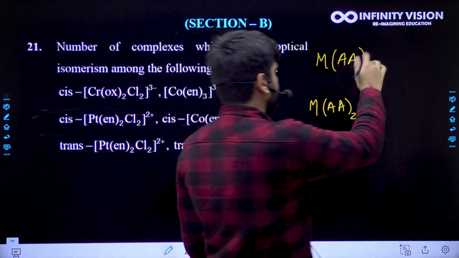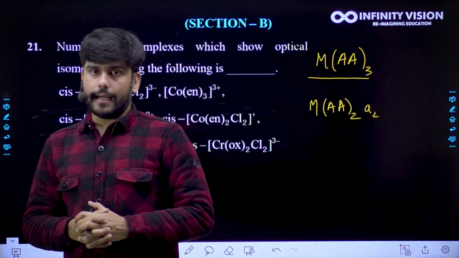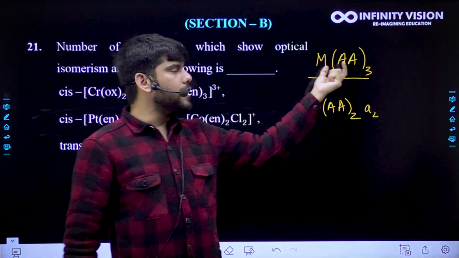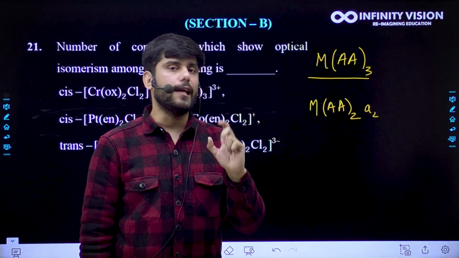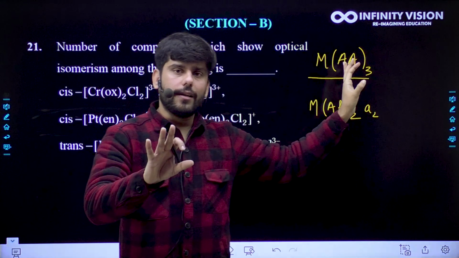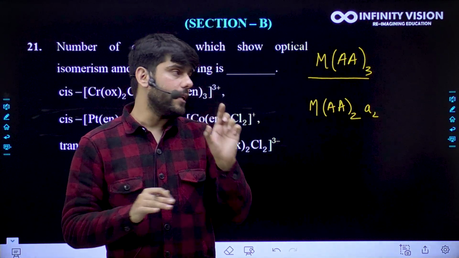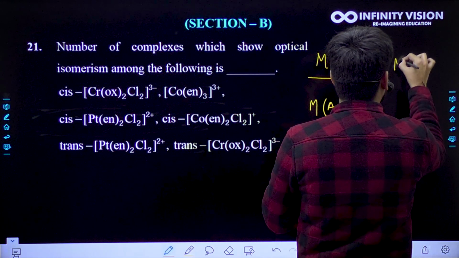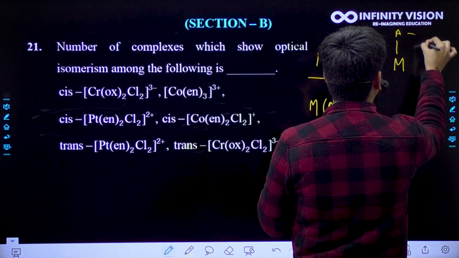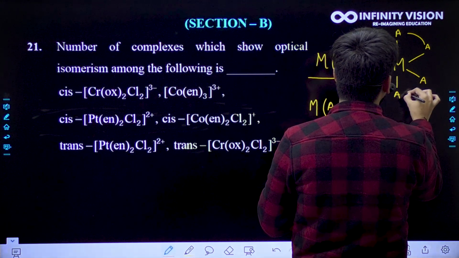Now, when all three are bidentate ligands, we know that each bidentate ligand is perpendicular to the others. So in the case of the MAA3 type, there can never be a plane of symmetry, because all three bidentate ligands are perpendicular to each other.